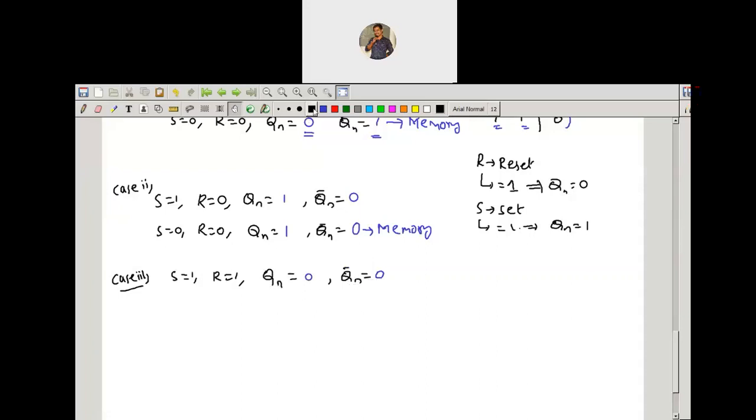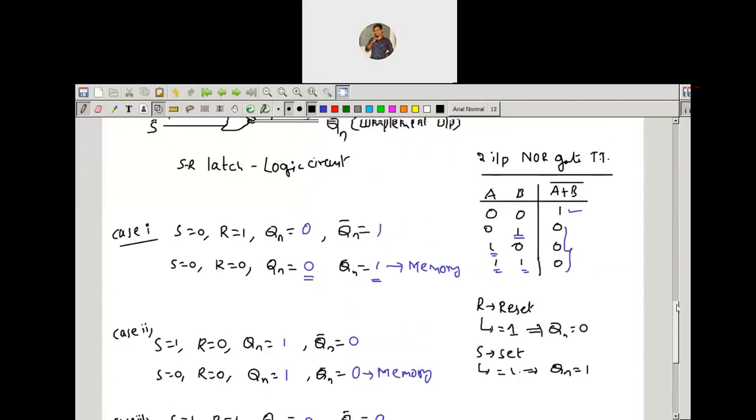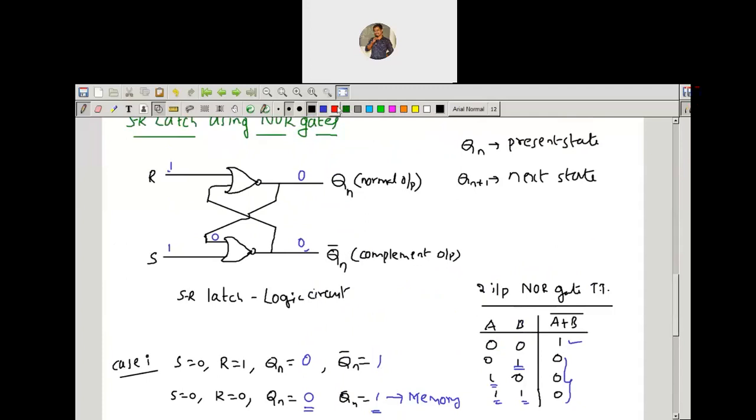Let me check it for the memory case also. S equal 0, R equal 0. In this case also, even though I am saying we are not going to use it, still let us check whether it is going to be stored or not. Now here we are resetting this one. This is 0. For 0 0, the output is 1, and here for 1 0, the output is 0.